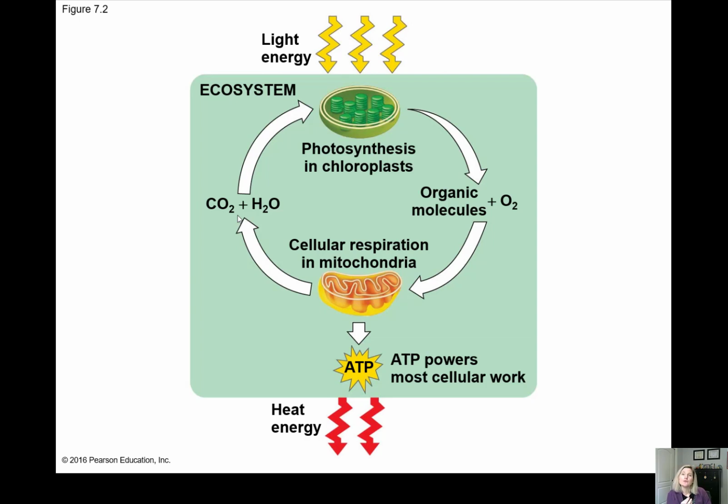So those two reactants are going to go into the chloroplast of the plant cell, where the light energy from the sun will drive that chemical reaction to form glucose, C6H12O6, and other types of organic molecules. And as a byproduct, it's going to produce oxygen gas, okay?